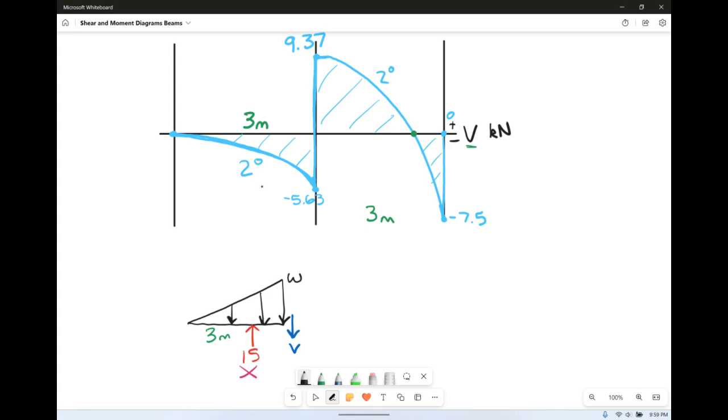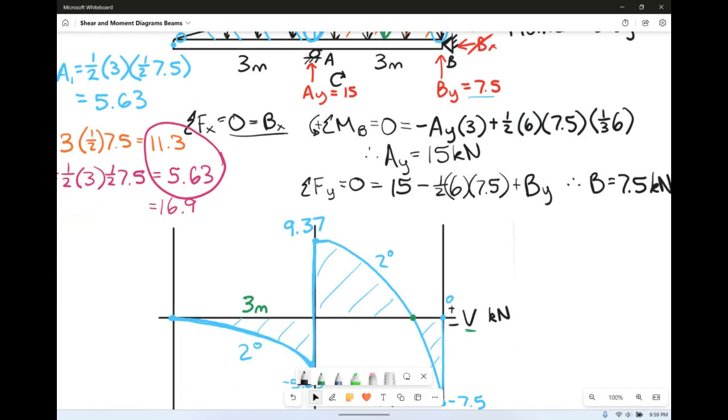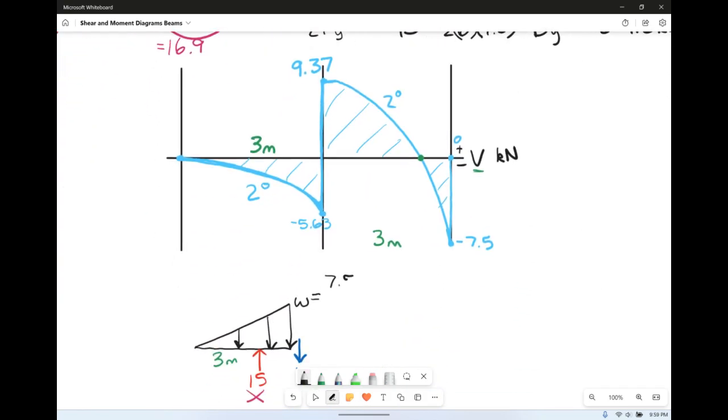Well, it's similar triangles, or it can also just be the slope of the line. The slope is equal to the rise, the full height of 7.5, over the run, the full run of 6, times x. Or if you really want, you can draw out similar triangles and it works the exact same.